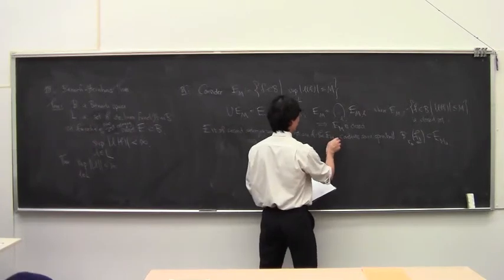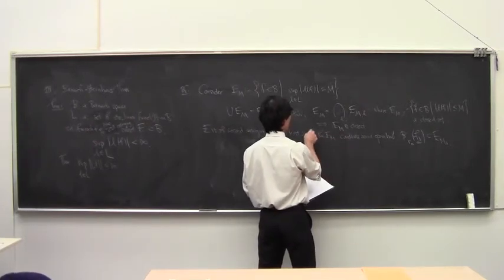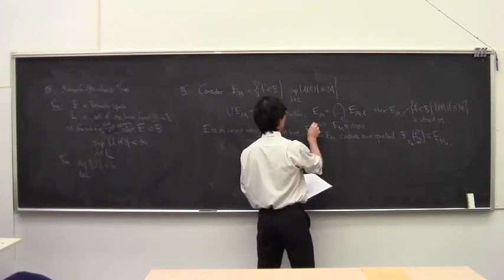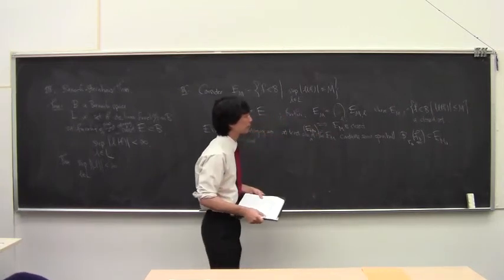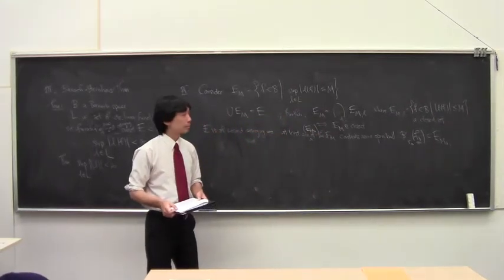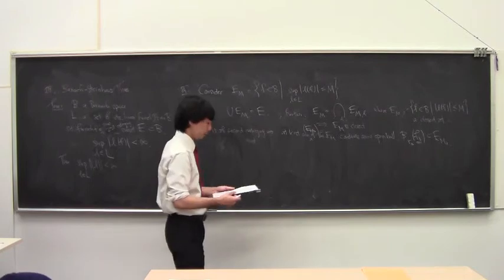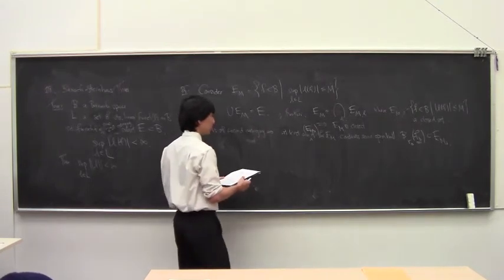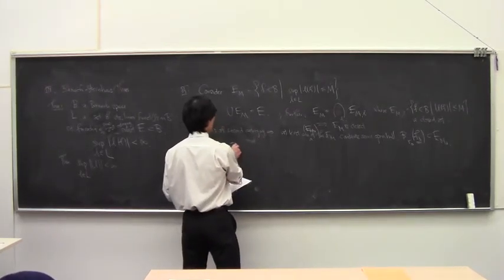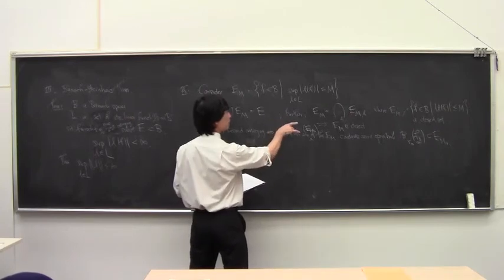At least one of the E sub n, let's call it E sub n naught. So what does that mean?